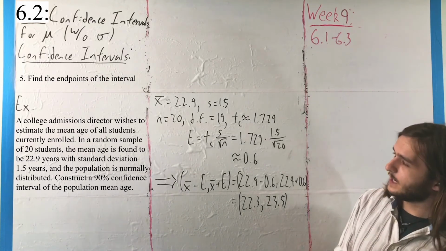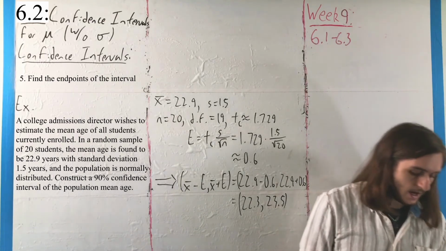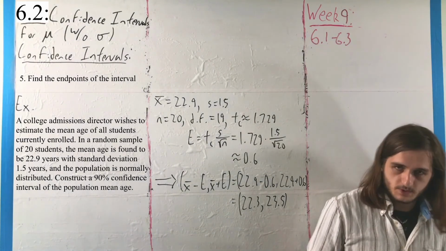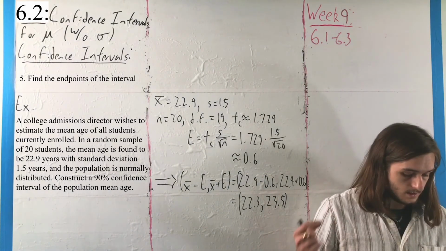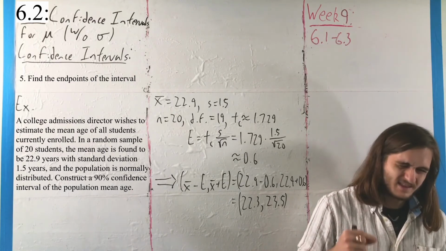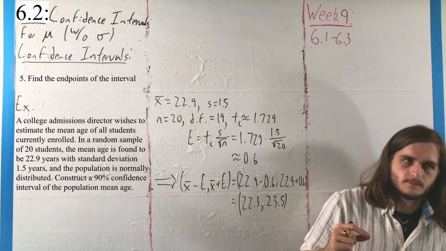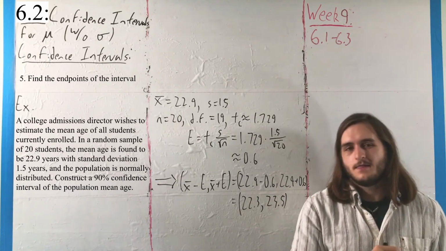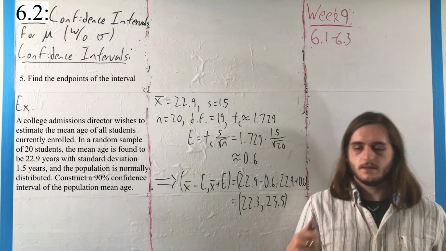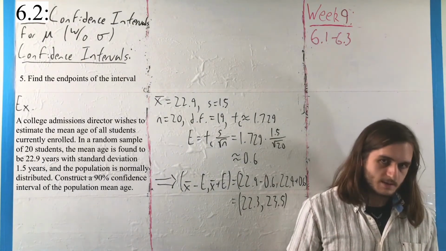Though there is one thing I should say, just to be careful with this: we could say with 90% confidence our mean is between 22.3 and 23.5, but this doesn't quite imply that the mean is in that range with a 90% probability.